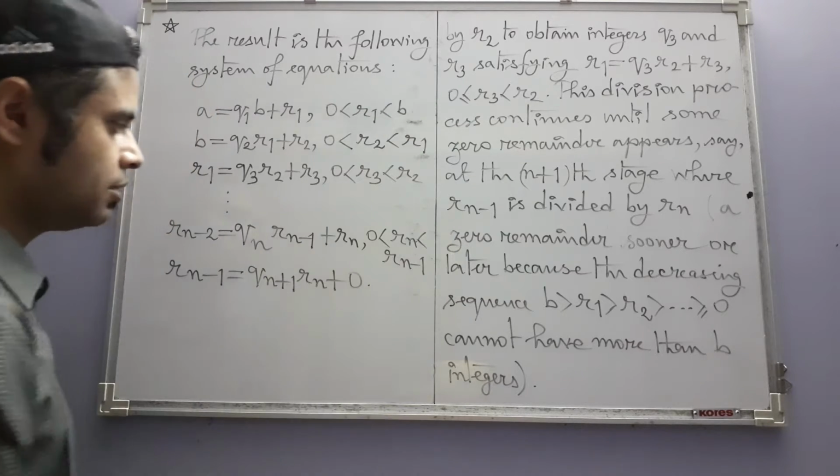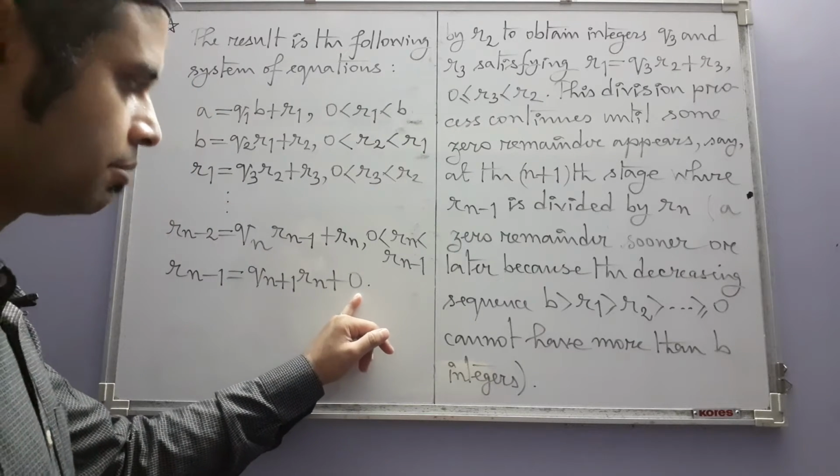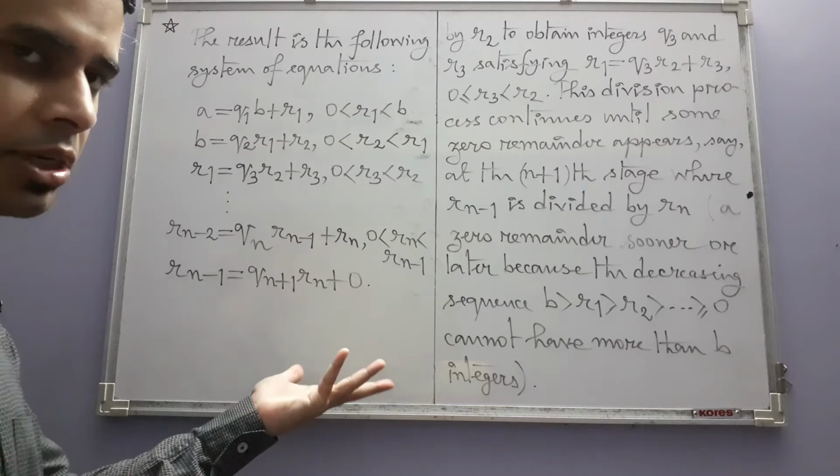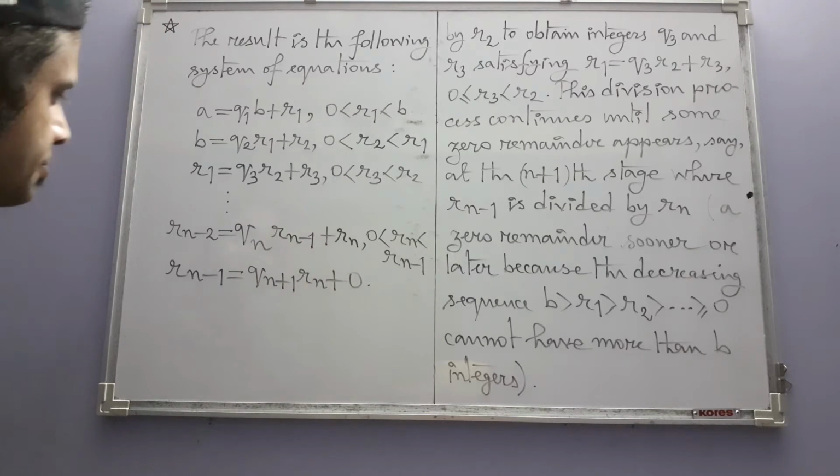So this is where we get the first zero remainder. First zero remainder means only zero remainder, and there the process stops.